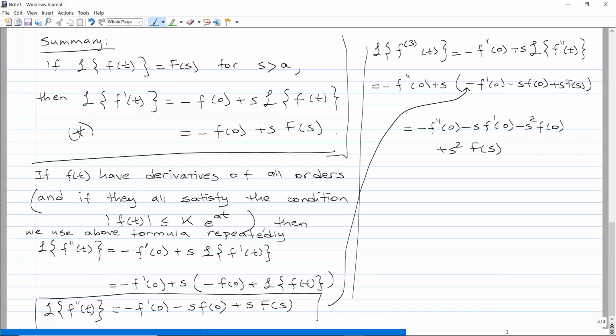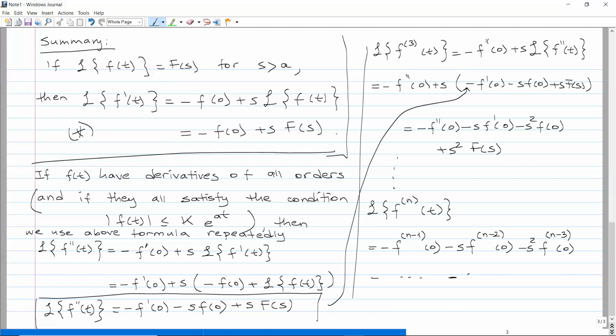So I hope that you see the pattern here. So in general, the Laplace transform of the nth derivative, we start with minus n minus first derivative at 0, minus s times n minus second derivative at 0, minus s squared times n minus third derivative at 0, minus, we keep going until we reach minus f of 0, and the power of s in front of f of 0 is going to be 1 less than the degree of the derivative we are trying to compute.